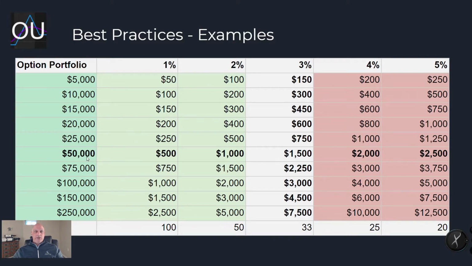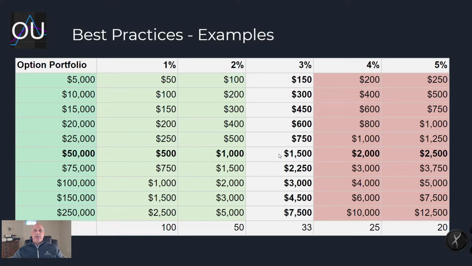Then you can use the chart below to say for a given portfolio size, let's say $50,000, you want to use 3% on average as best practice. That means you can allocate $1,500 per trade in your option account. That's pretty straightforward, but it gives you a good rule of thumb in terms of where you can start.